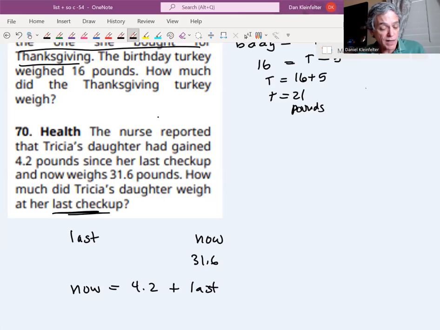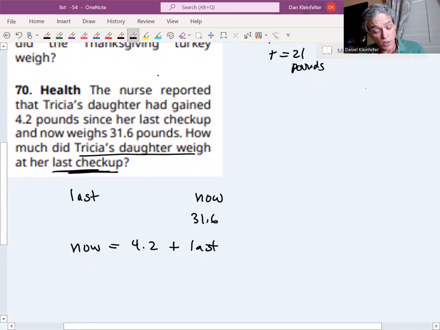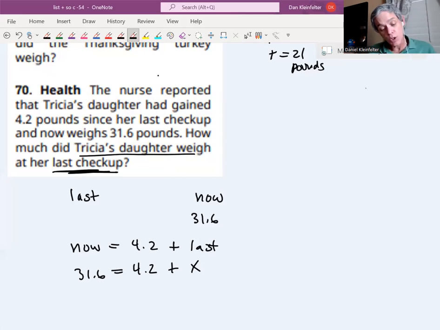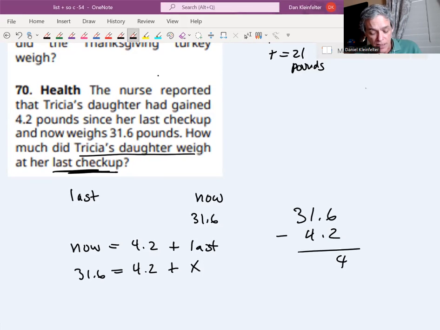The amount that she weighed at her last checkup is what we're trying to find, and that makes a good choice for our variable. So 31.6 she weighs now is 4.2 pounds more than what she weighed at her last checkup. So to answer the question, we're going to end up taking 31.6 and subtracting the 4.2 from it, and that will give us 27.4 pounds.